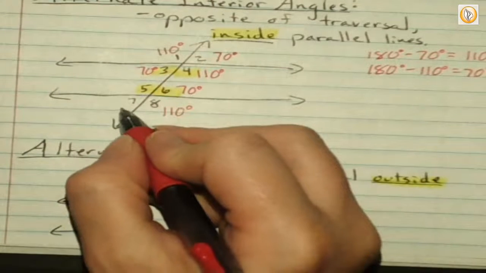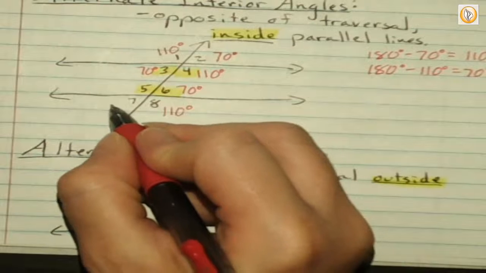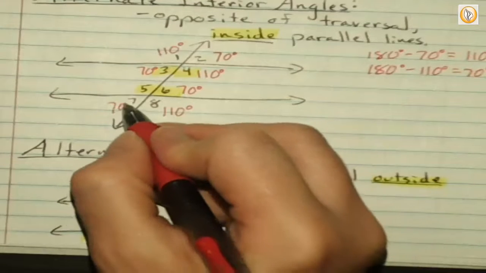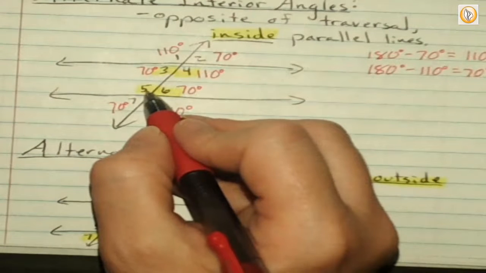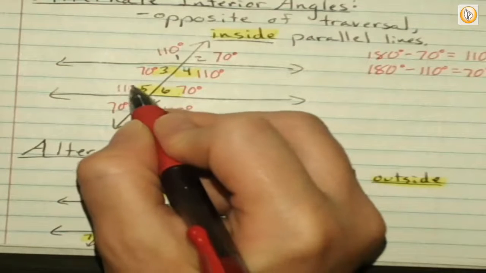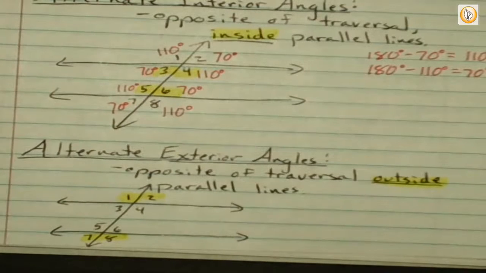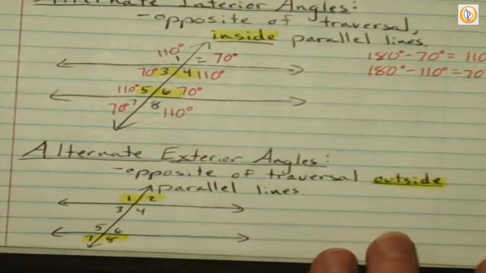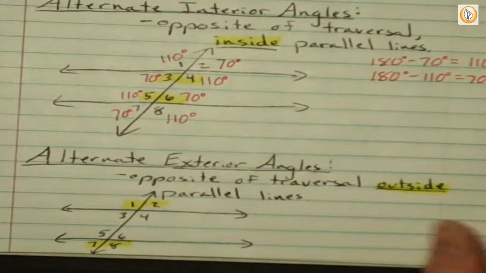Emily, what would 7 be? 70. And what would 5 be, Gabby? Y'all see that? All you need is one measurement, and you can find all the other measurements. Interesting, right? Y'all write that down if you haven't already.